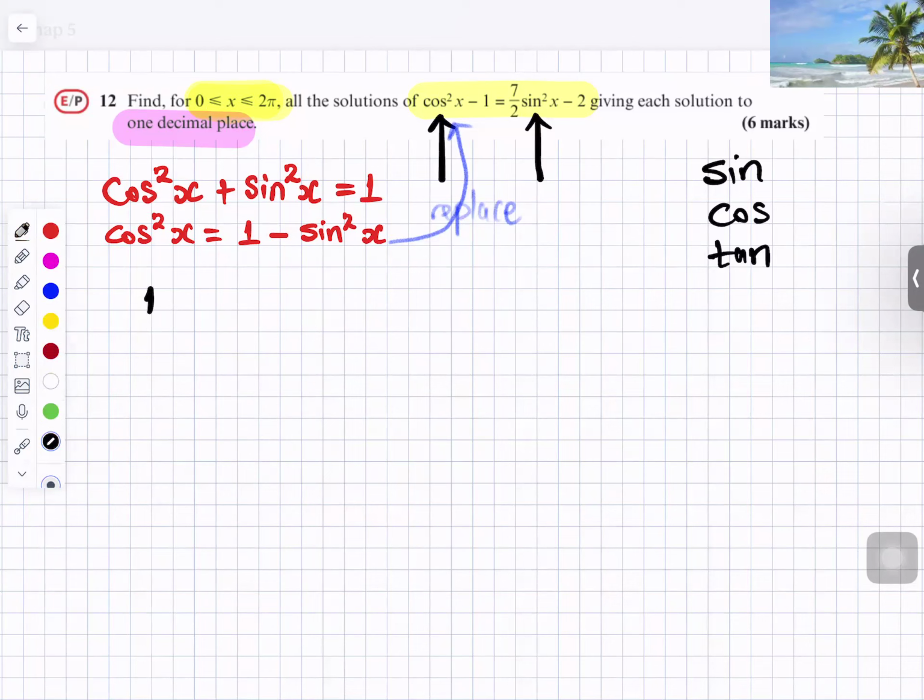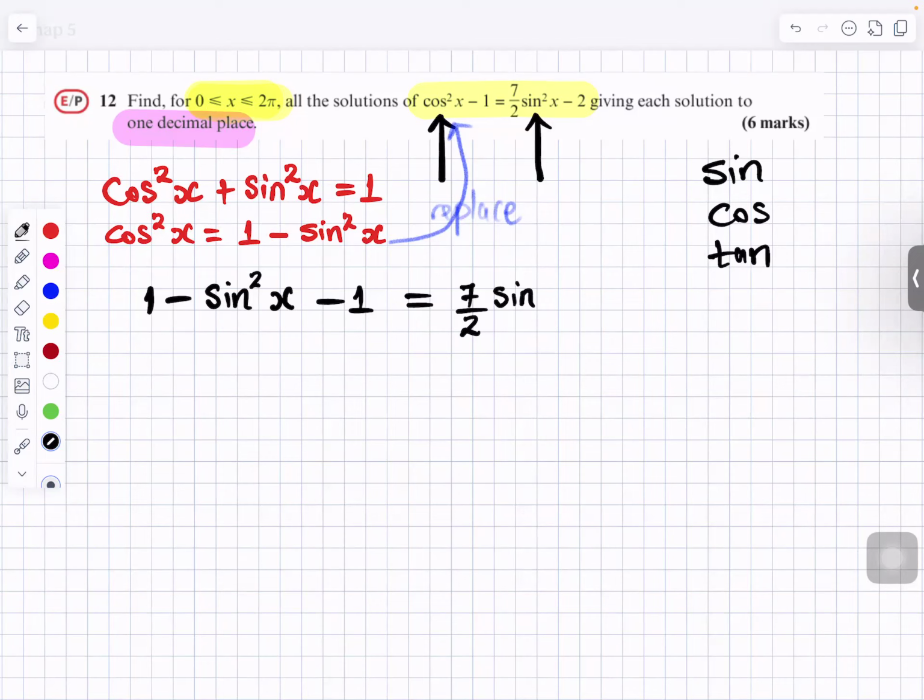So we write 1 − sin²x, and then minus 1 is equal to 7/2. What do I write next? sin²x − 2.